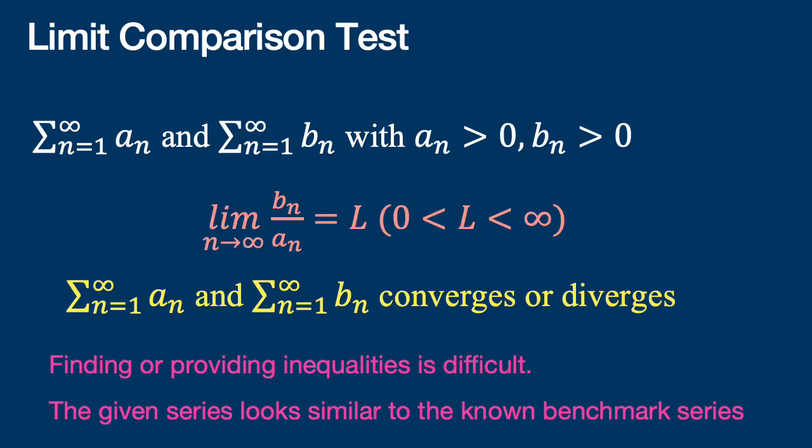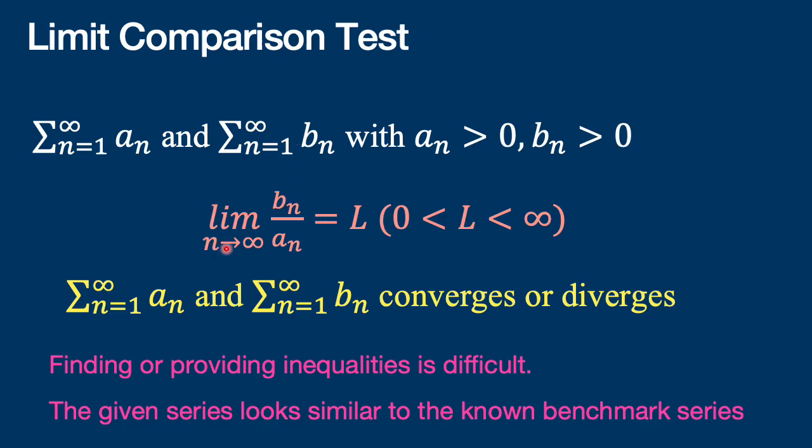Here is another comparison test. We call it the limit comparison test, guys. Here is a series an and a series bn. We cannot directly compare series an and series bn. So what are you going to do, guys?